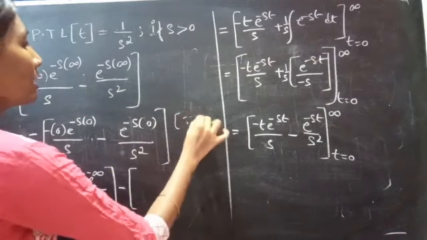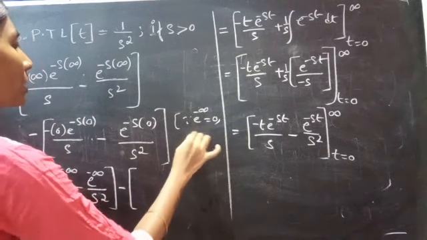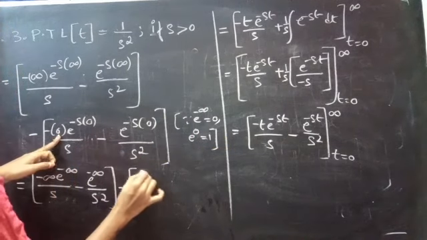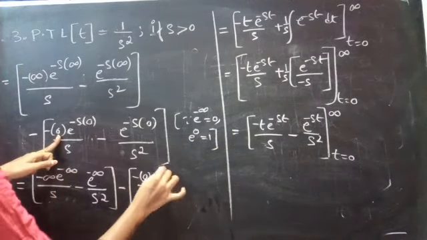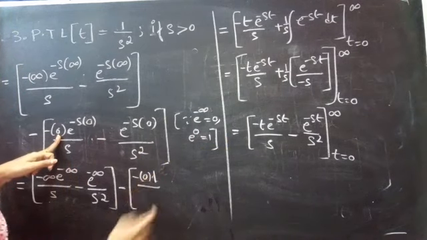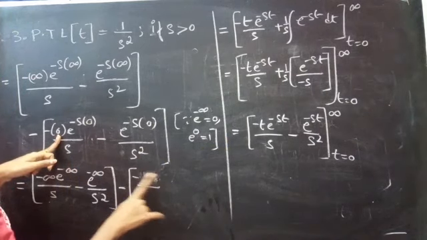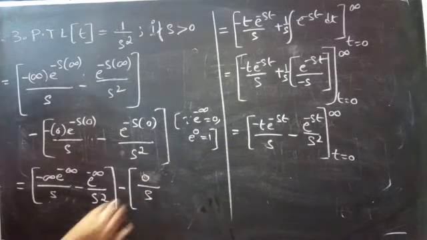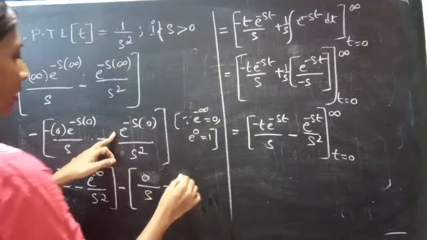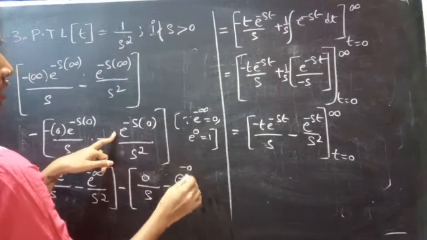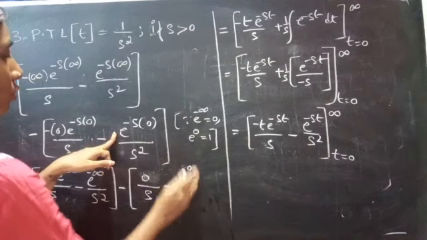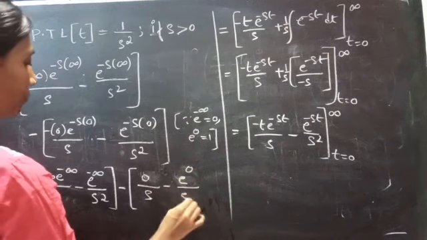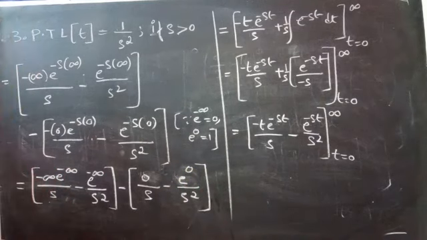Since you know that e power minus infinity equals 0 and e power 0 equals 1, here you'll get minus 0 into e power 0. Again e power 0 is 1, 1 into 0 is again 0. Okay. 0 by s minus again e power minus 0, or e power 0, which equals 1. Finally you can replace e power 0 by s square.